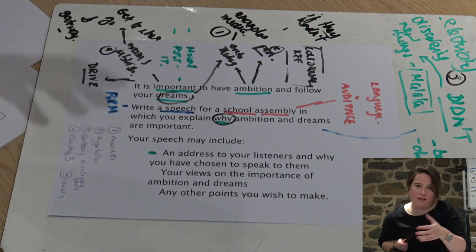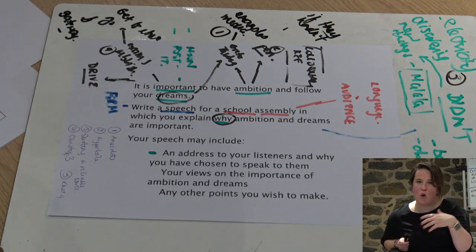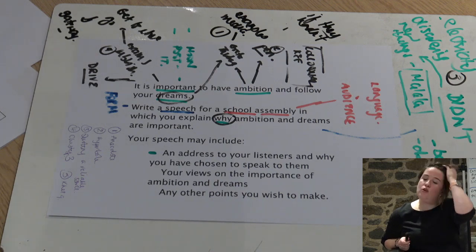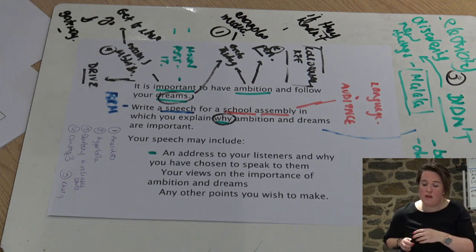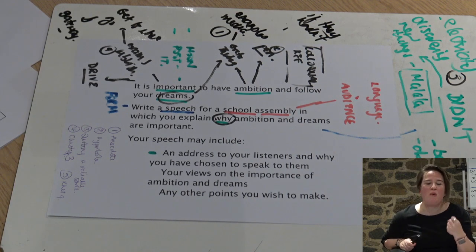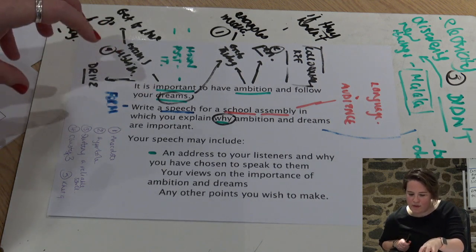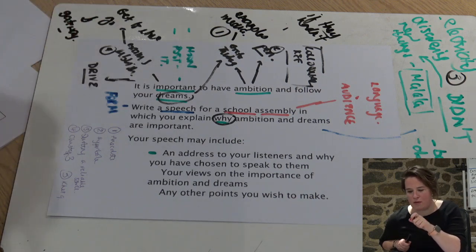And obviously with that, it's how you write it, how you use your tone. You could say, good morning, everybody. Don't write something like, welcome to my speech. Try and open it in a grabbing way. I'll come to that in a minute. So we've got highlight keywords in the question, know your audience, purpose and form.